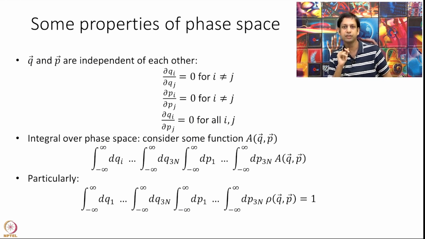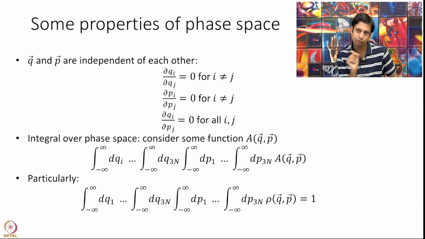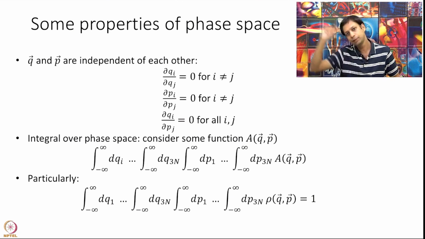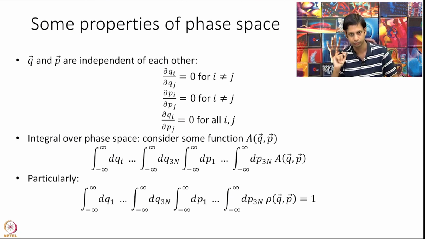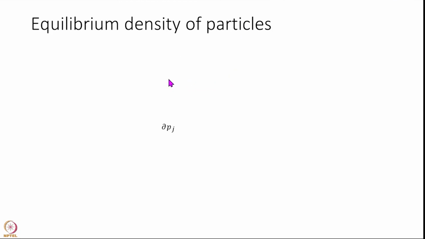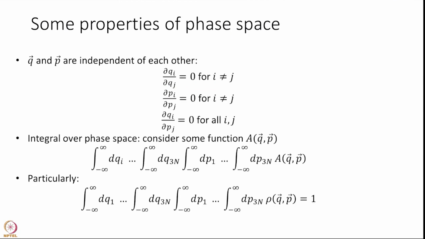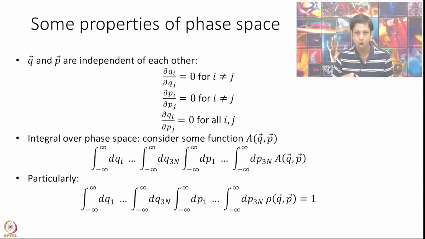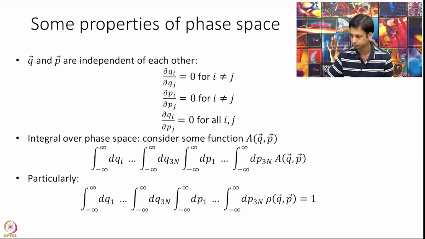So, a few things that we specify. First, that q and p are all independent of each other. So, I can vary each variable q or p completely independent of what other variable is doing. Mathematically, this means that del qi over del qj is 0 for all i not equal to j.